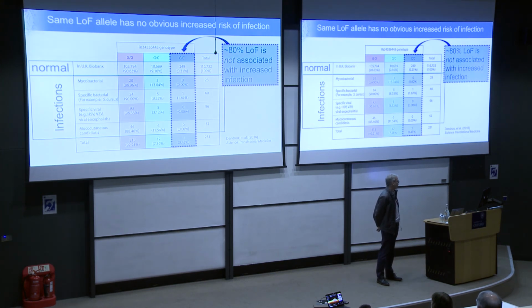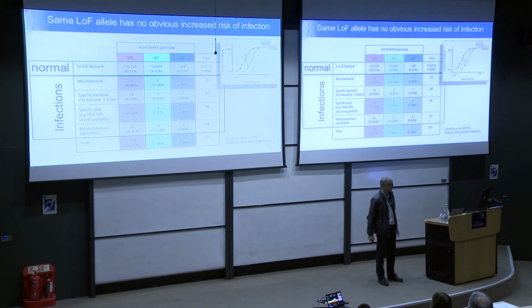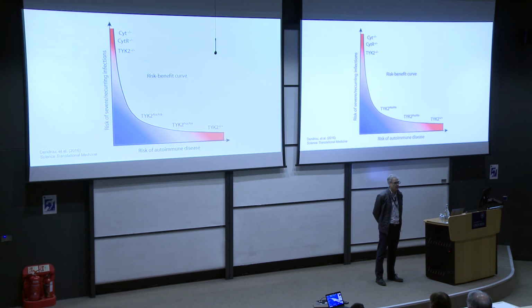And the answer for this one particular variant, the P1104A variant, was that there was not an association with an increased risk of infection. So that is, about 80% loss of function of TYK2 is associated with protection from autoimmunity, but not associated with increased risk of infection. Again, this begins to look at the consequence of adverse drug events, in this case, risk of infection.